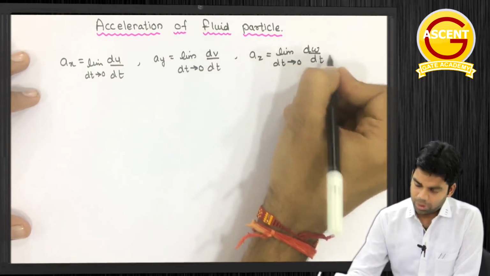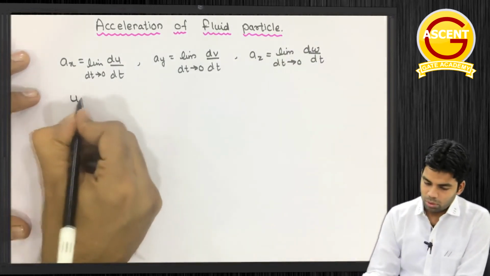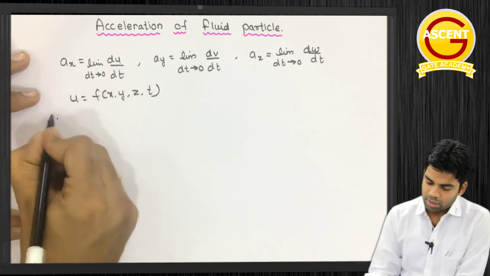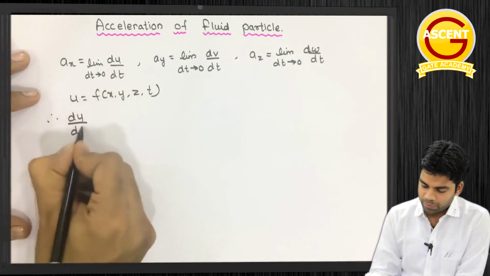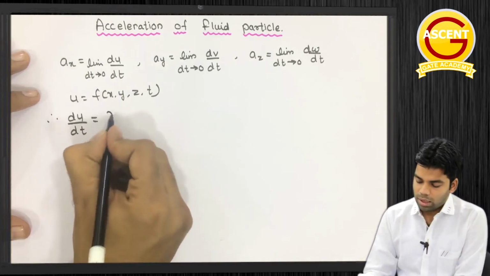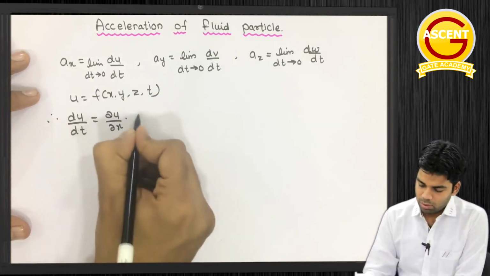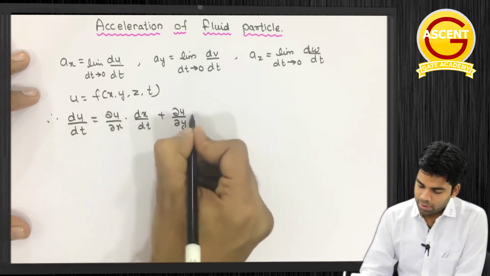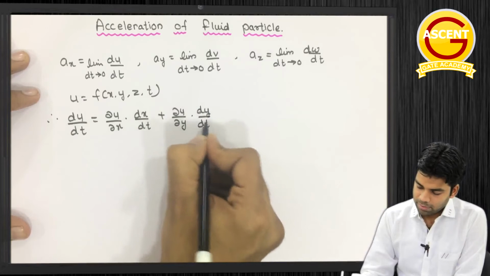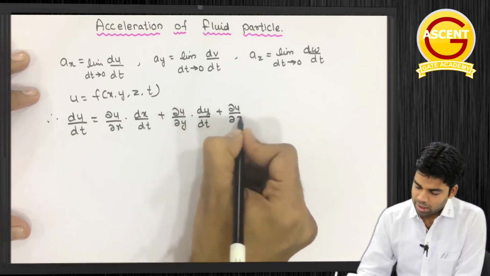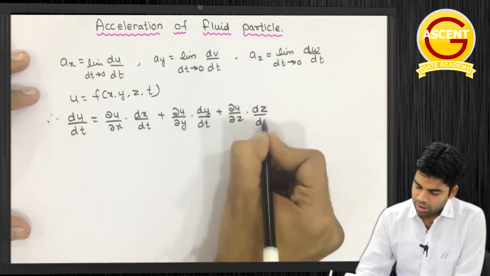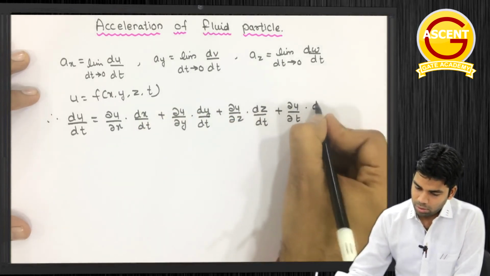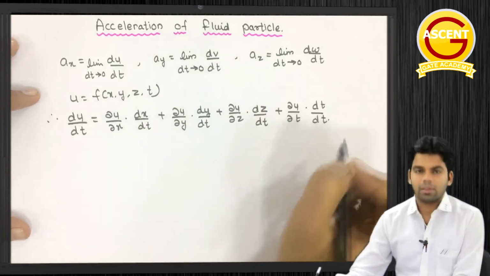Now, as I have already told you, u is a function of x, y, z and t. So this can be further written as du by dt, which will be equal to del u by del x into dx by dt plus del u by del y into dy by dt plus del u by del z into dz by dt plus del u by del t into dt by dt. Getting this or not?